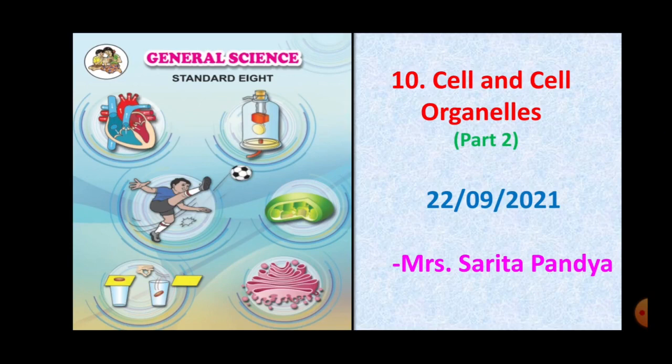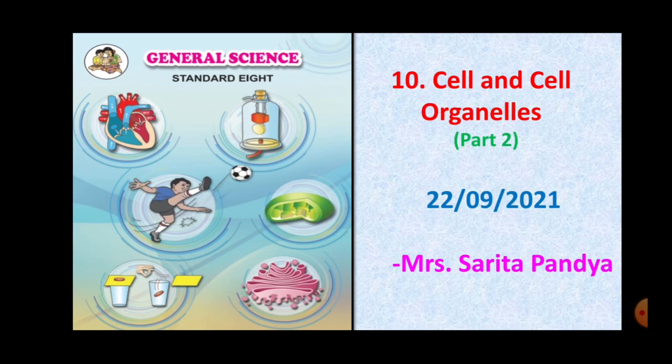Dear students, we had started with the lesson Cell and Cell Organelles in the last lecture, and as I had told you, it's not a new topic for you. We had studied about the cell and the different organelles which are embedded inside the cytoplasm in the cell.